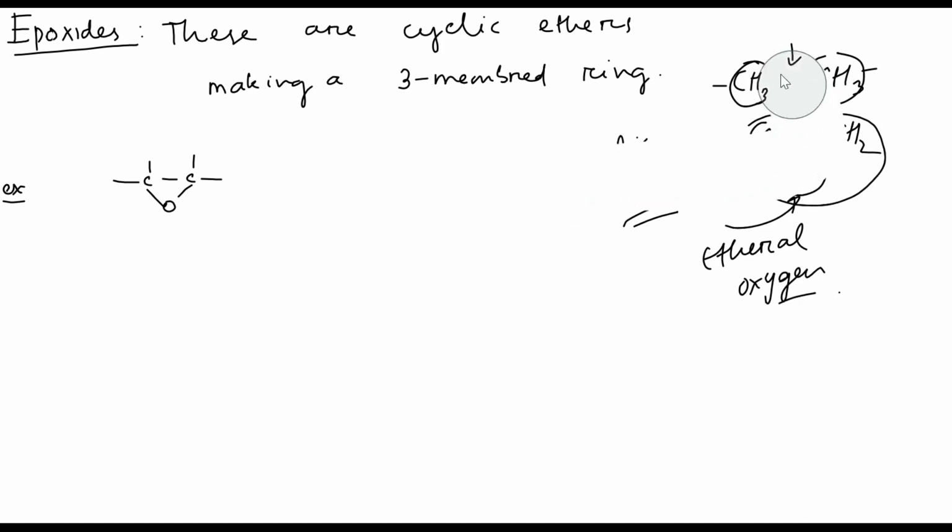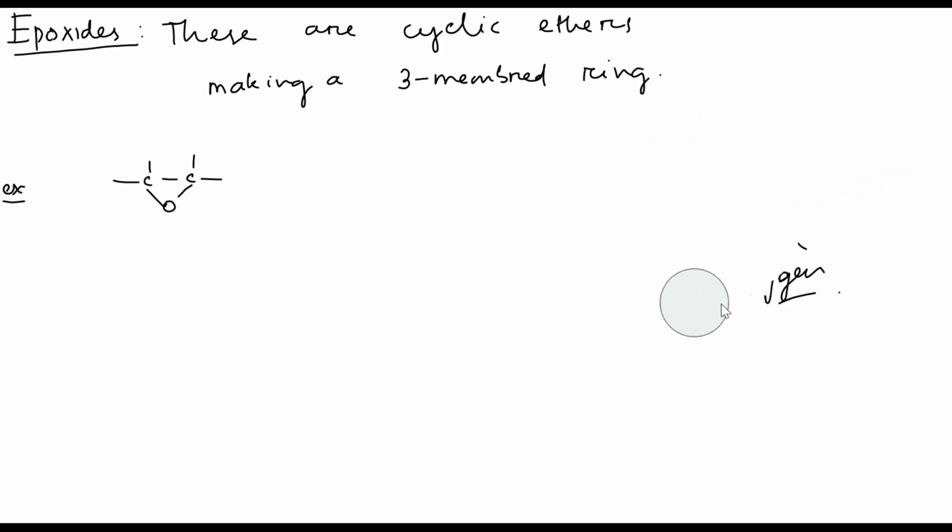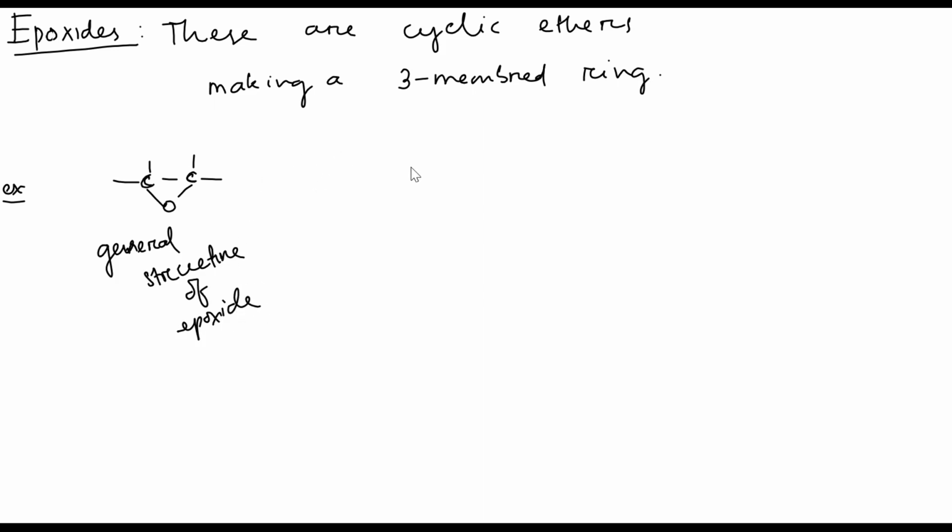So the general structure of an epoxide is: these two carbons connected in a cyclic manner to an oxygen, and two substituents along with each carbon. So this is the general structure of an epoxide.